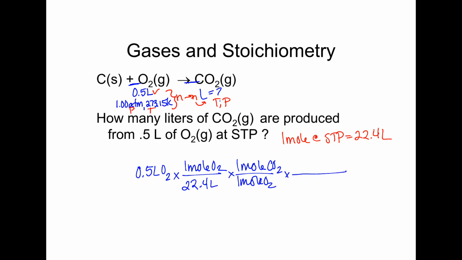And then I can say 1 mole of CO2 will make 22.4 liters. Okay. So liters of oxygen gas cancels out with liters of oxygen gas, moles with moles, and I get liters of carbon dioxide. And when you do the math on your calculator, you're going to get 0.5 liters of carbon dioxide.